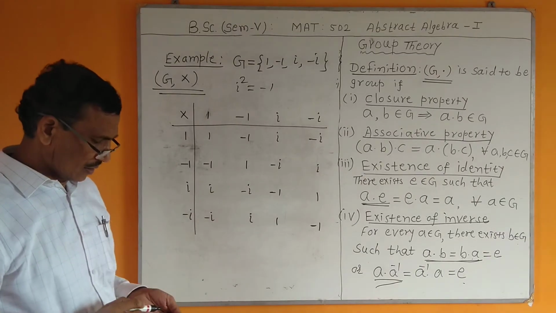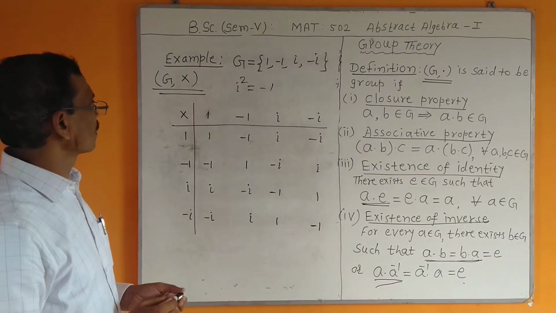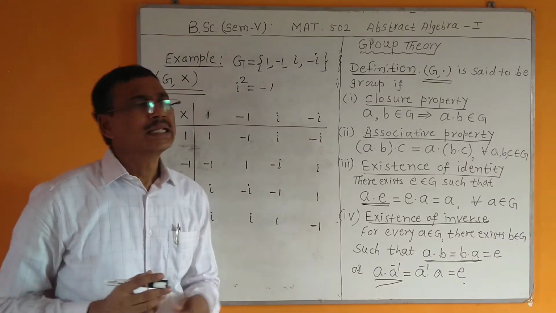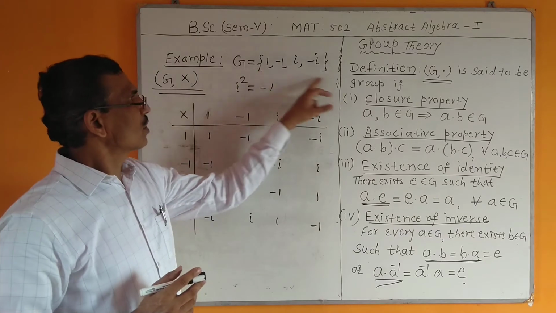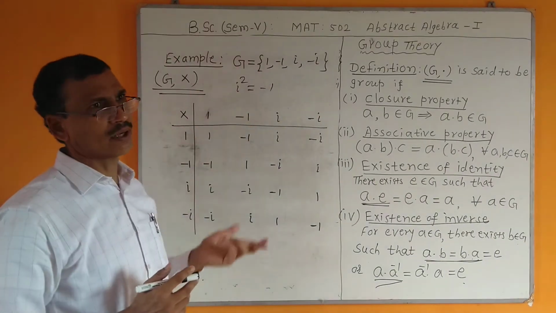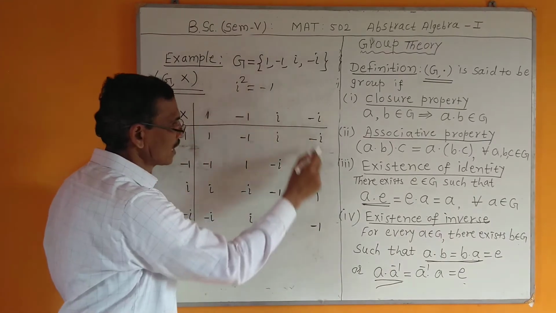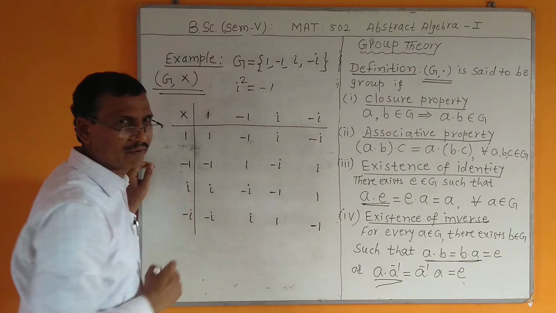Now we can observe the properties or conditions of the definition of a group. Closure property means multiplication of any two elements of G must again be an element of G. And here all possible multiplications of elements of G are mentioned in this composition table.